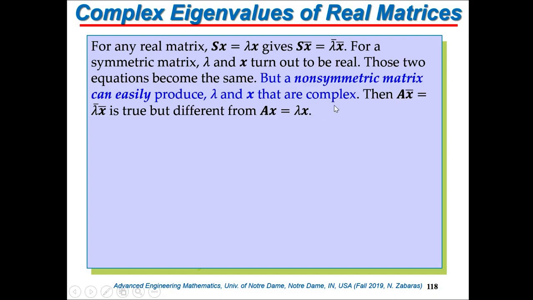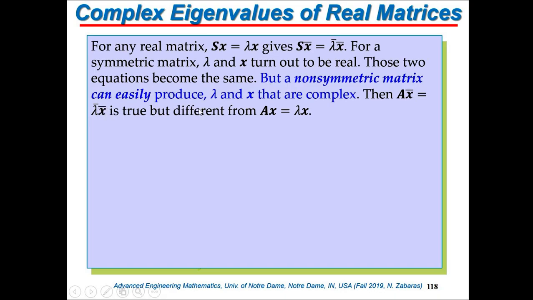If I take the conjugate of this equation, the conjugate of A is still A, so I have A x bar equals lambda bar x bar. So we started with a matrix A with lambda as an eigenvalue and x as an eigenvector, and now we have A x bar equals lambda bar x bar.